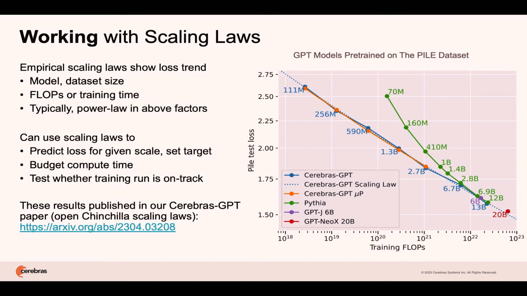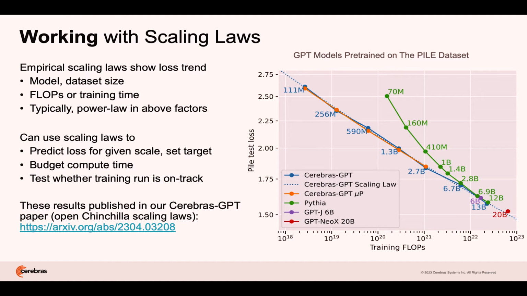And then when you run that 100 billion parameter run, you can see where you expect your run to be at that particular point. And if you see that you deviate from that scaling law, that's a red flag for you. You need to go and check if your setup is right, if you did everything right. So it lets you really monitor the run and predict ahead of time what kind of quality you can get out of the model.